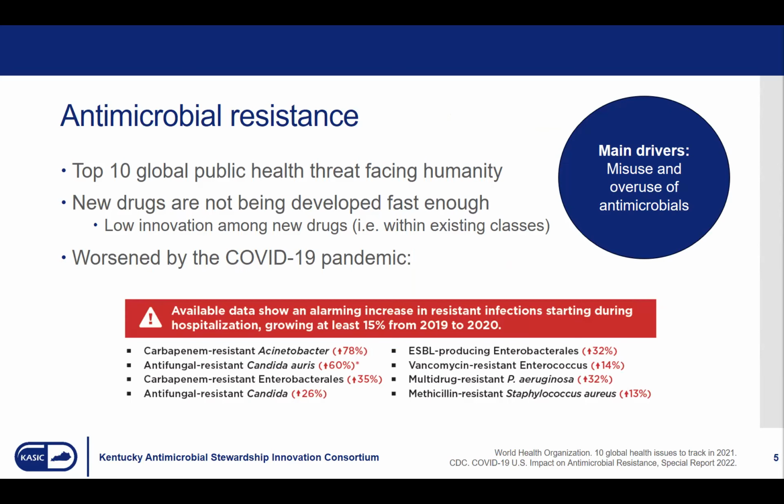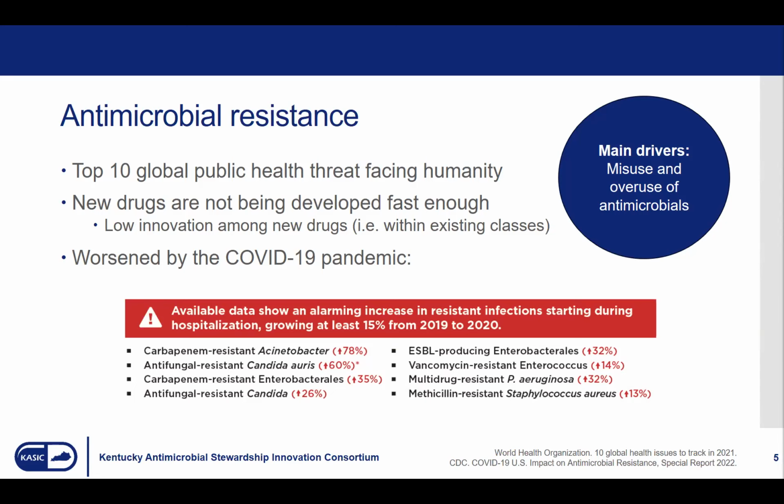And new drugs are not being developed fast enough as it is today. There is currently pretty low innovation in the ones that are being developed, so this is considered not to be keeping up with the resistance that we're seeing.